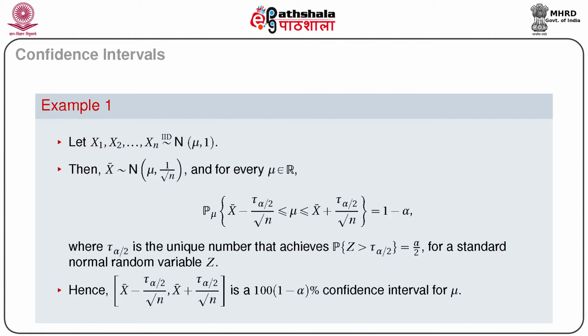Hence, (x bar − tau_{alpha/2}/root n, x bar + tau_{alpha/2}/root n) is a 100 × (1 − alpha) percent confidence interval of theta. Here it is to be noted that small x bar denotes the observed value of capital X bar obtained from the sample.